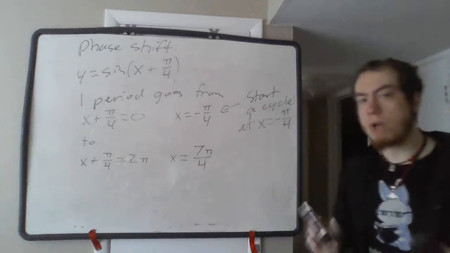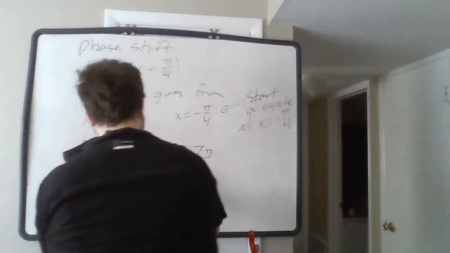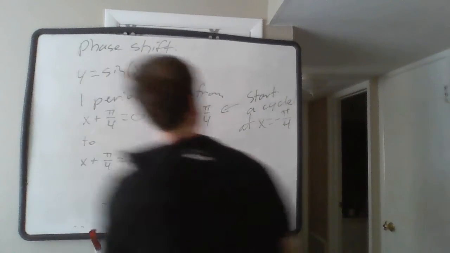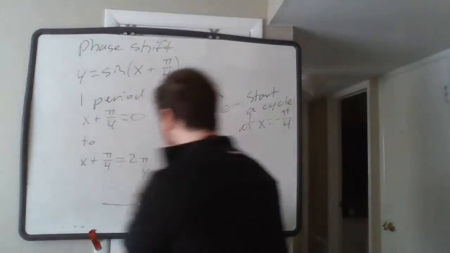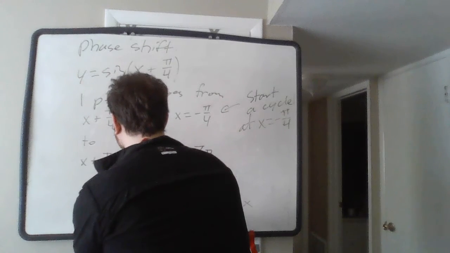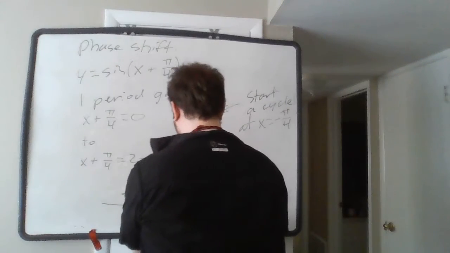But otherwise, everything is going to be the same shape. It's just been shifted. So what is that going to look like? If I shift the entire cycle to the left by pi over 4, then I'm going to start at minus pi over 4, and the full cycle is going to go up to 7 pi over 4.